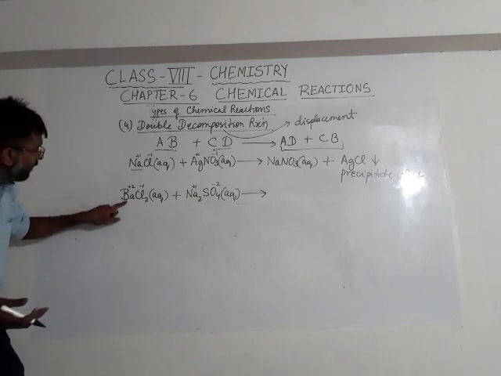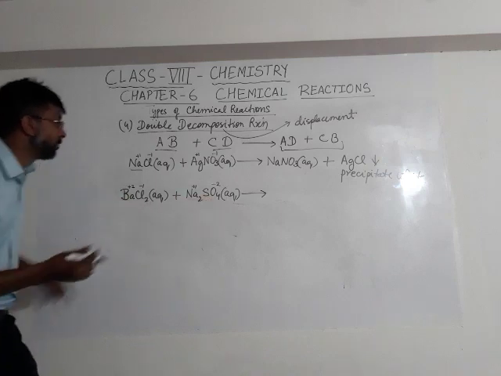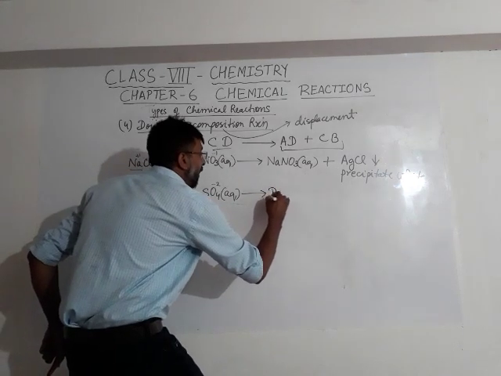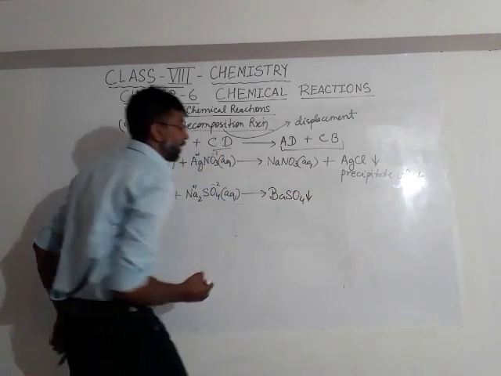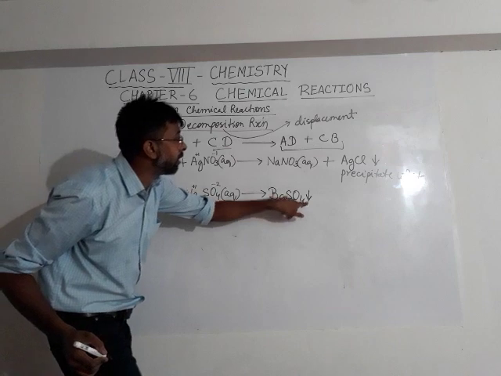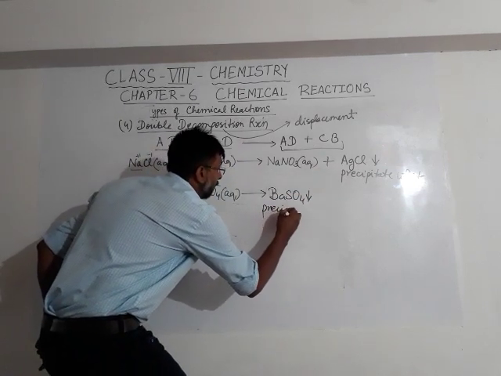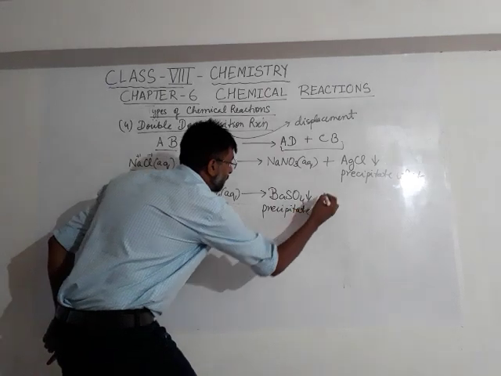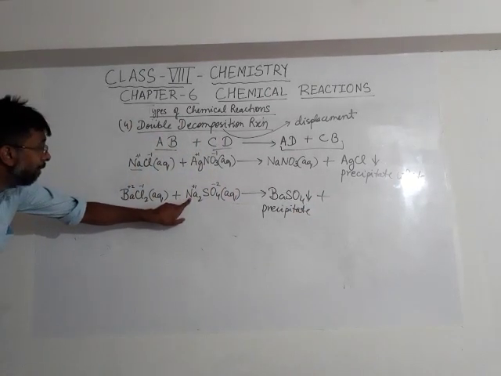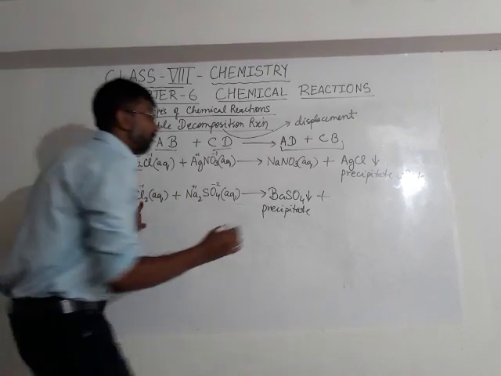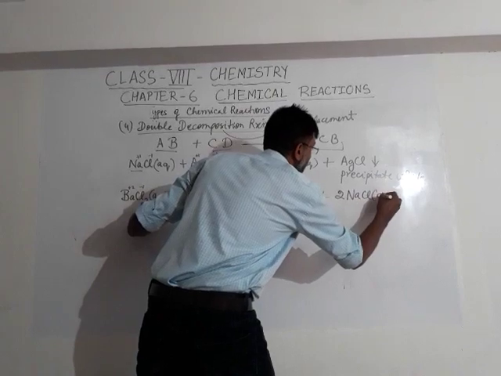The barium, which is plus, combines with the minus of the other, so it forms barium sulfate, with an arrow downwards. Whenever there is an arrow pointing downwards, it means it is a precipitate. Along with this, the sodium combines with chloride, so it forms sodium chloride, 2NaCl, in the solution.